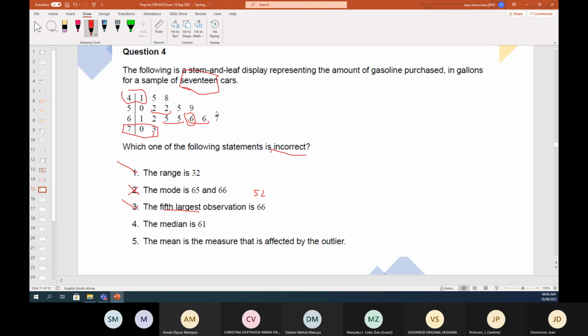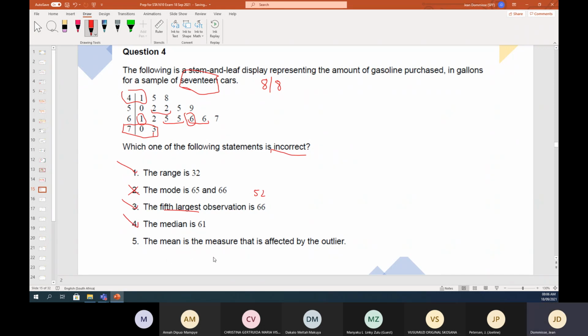What is 17 divided by 2? 8. So there will be 8, then the median, and 8 to the other side. So let's look at the ninth number: 1, 2, 3, 4, 5, 6, 7, 8, 9. So 61 is the median. That is a correct one.